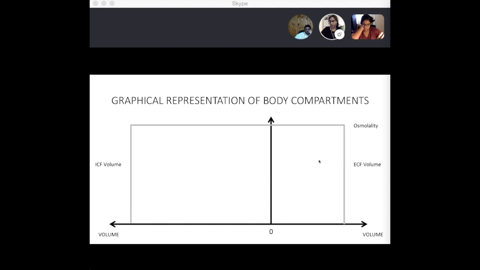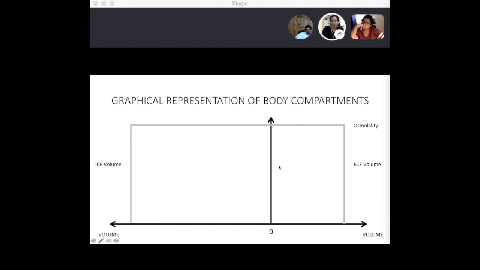So here comes the main concept, and it's these graphs. They're known as the Darrow Yannet diagrams. Essentially, we can determine, based off of these diagrams, what's going on in the body and possibly what pathologies or physiologies are occurring. What we need to first become familiar with is that the y-axis here is representing the solute concentration, or osmolality.